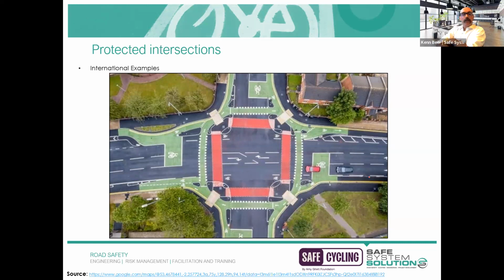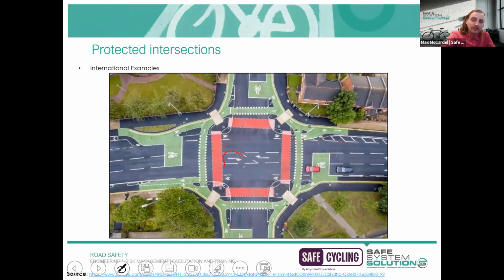And another one, does this design have potential for queuing back over the cycle and pedestrian paths? Absolutely it does. There's probably space for one right turn vehicle, and then the second vehicle blocks both the pedestrian and cyclist facility.